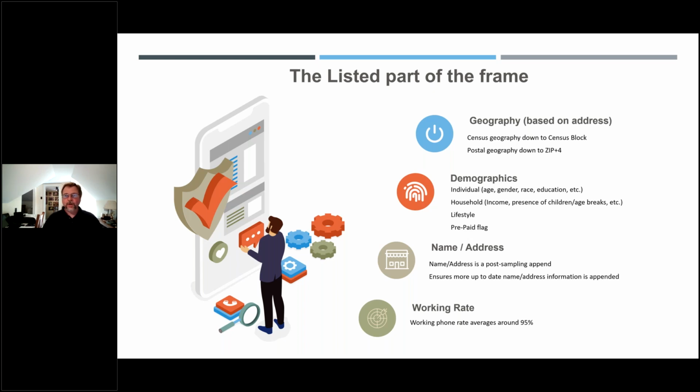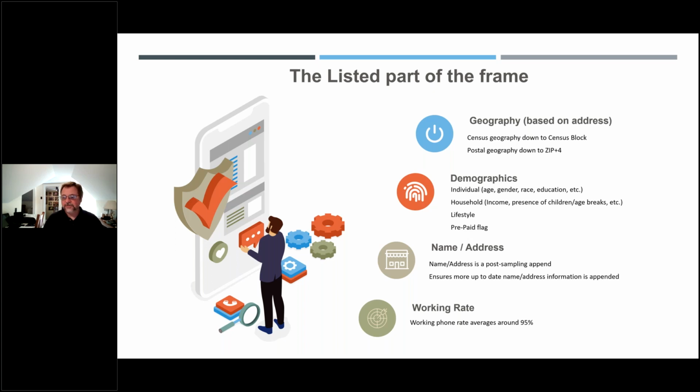So one way that we can try to at least improve the recency and provide up-to-date information is to do the name address append at the time the sample is selected and as we're sending it out the door. One other big advantage of the listed frame is the high working rate that we see with these phone numbers.